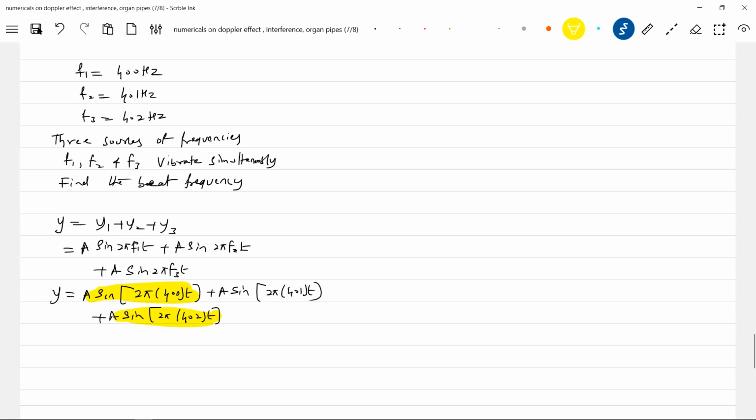So we will end up like this: A sine 2 pi 400 t plus A sine 2 pi 402 t. First we'll take the superposition of these two, and apply the sin C plus sin D formula.